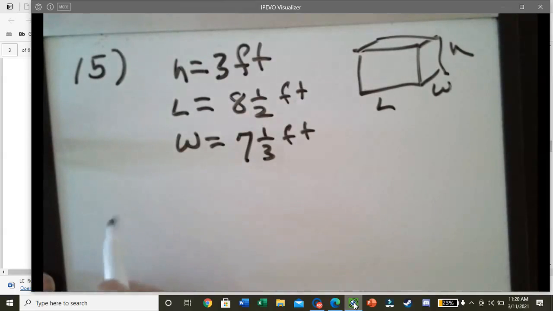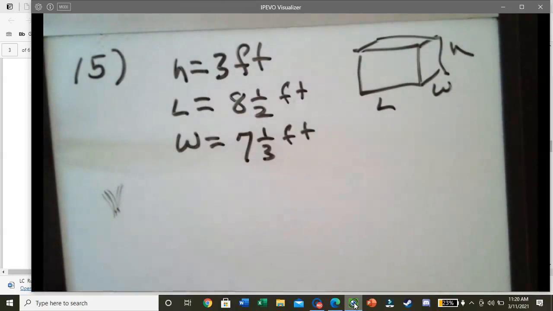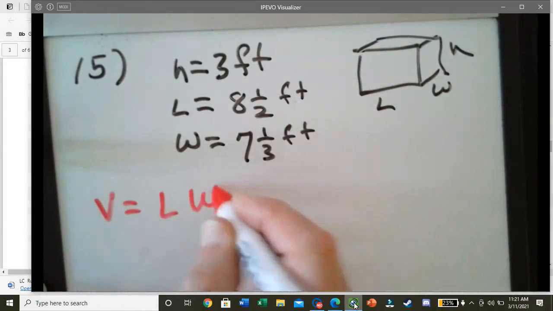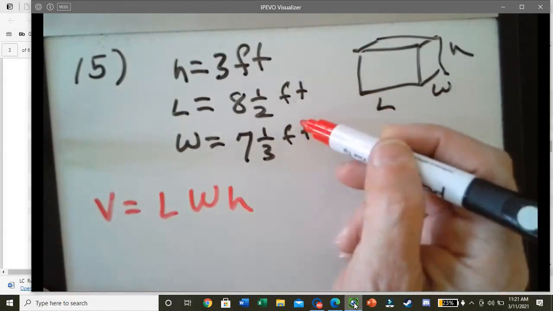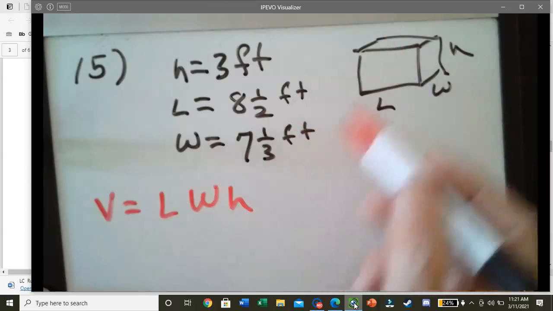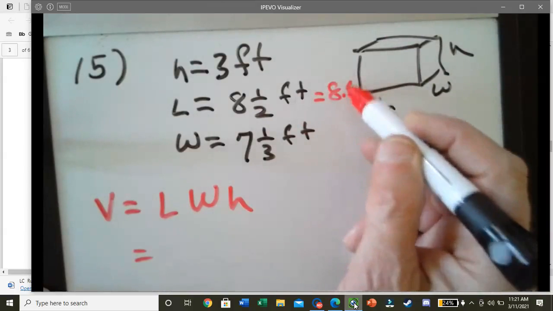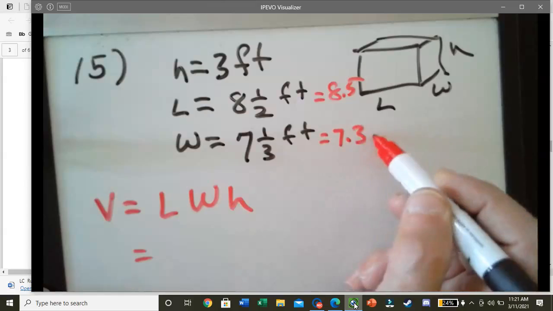So you can say here our volume of this cube, volume, length times width times the height. And so we can convert these to decimal, all right? So this would be 8.5, and 7 1/3, that's 7.3 repeating.